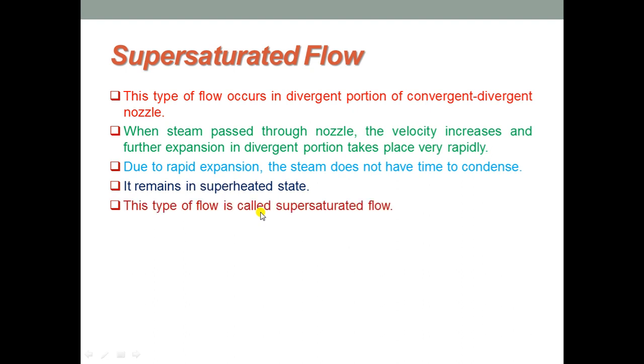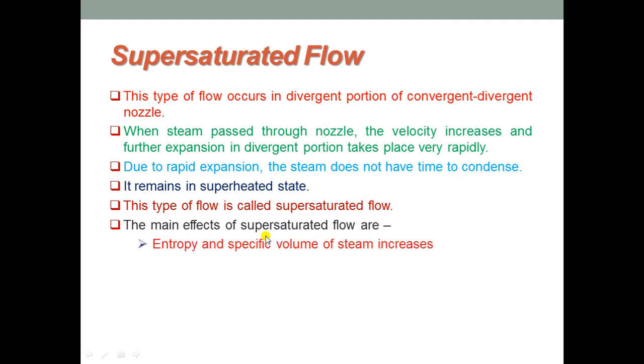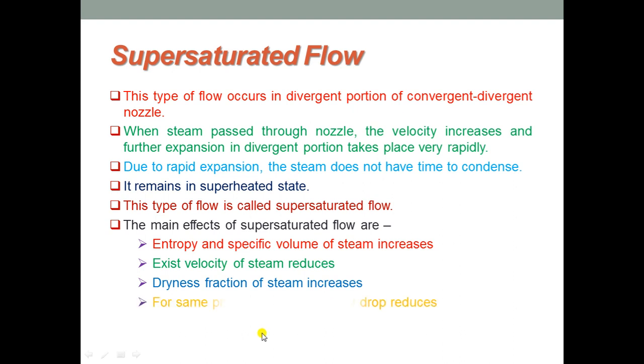Thus, this type of flow is called supersaturated flow. The main effects of supersaturated flow are: entropy and specific volume of steam increase, exit velocity of steam reduces, dryness fraction of steam increases, and for the same pressure limits the enthalpy drop reduces. These are the effects we can see with respect to supersaturated flow of steam.